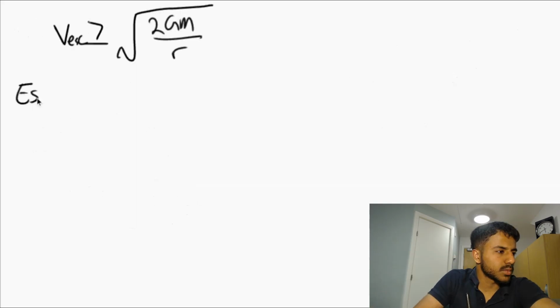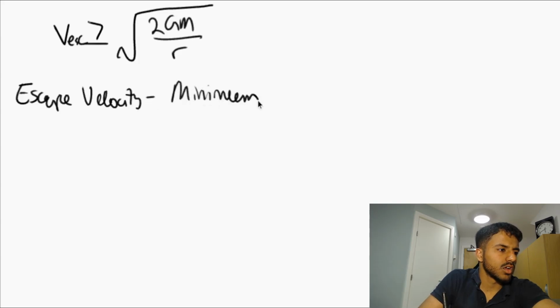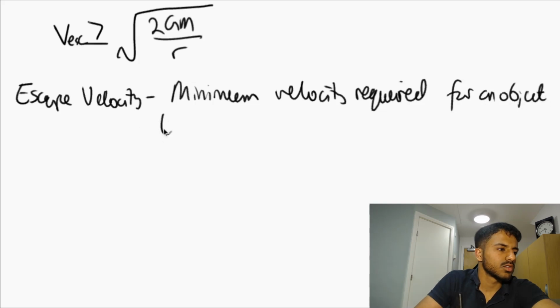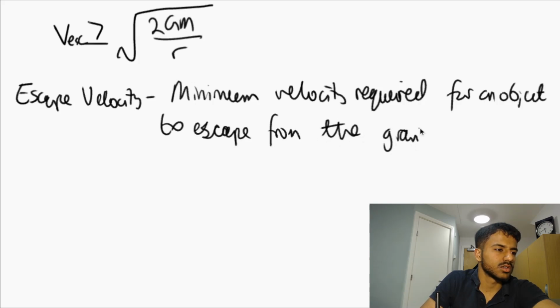So your escape velocity is the minimum velocity required for an object to escape from the gravitational field of attraction.